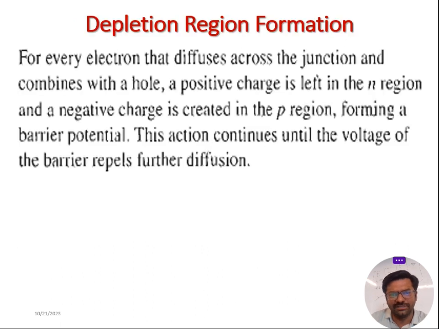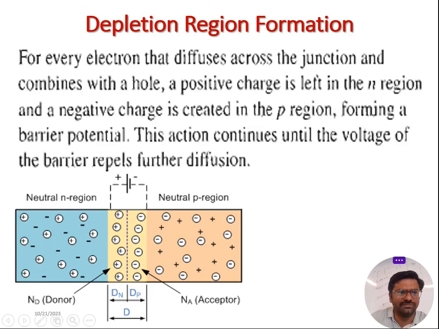Now we will see what happens when the electrons from the N type material diffuse into the P type material. We can see here there are a large number of free electrons available. As per the previous animation, these free electrons are recombining with the holes present here.